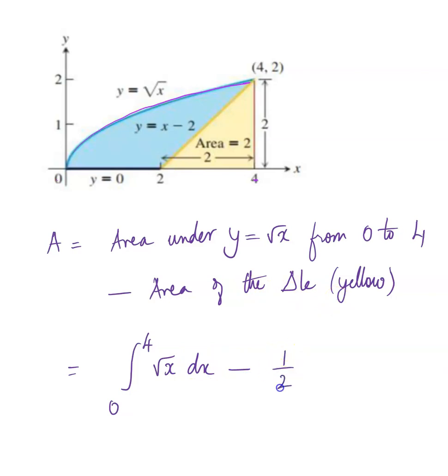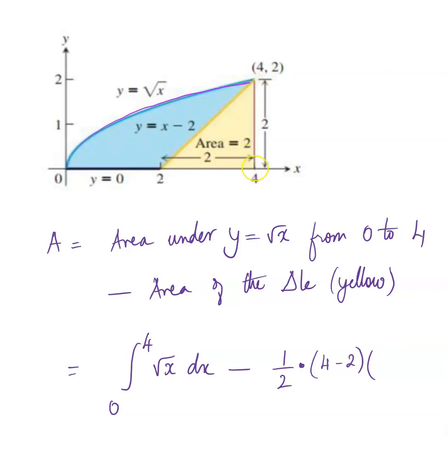So that's going to be half times base, which is from 2 to 4, right? That's where the line begins. So 2 to 4 would be 4 minus 2, the difference in their length, which is 2, times the height. The height is, plug in 4 in your function, because that's where the yellow and the blue meet.